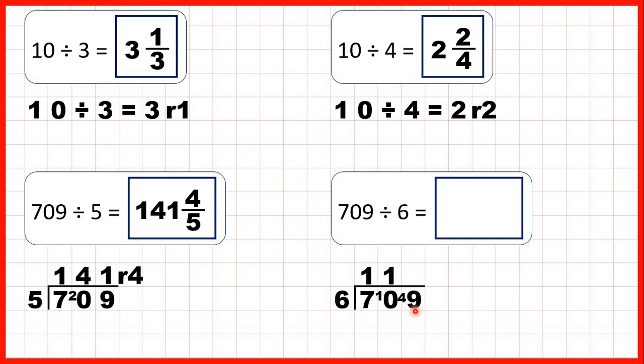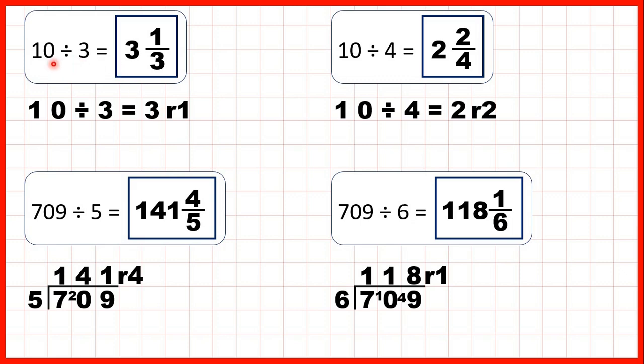And 49 divided by 6 is 8 remainder 1, because 8 times 6 is 48, then we need 1 more to get to 49. But again, we can write our remainder as a fraction. 118 is our whole number, then 1 is our numerator because that's the remainder, and then 6 is our denominator because that's the number that we were dividing by. So our answer is 118 1/6.